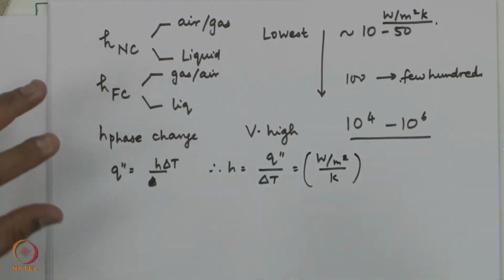So, as teachers, we should be able to tell students what the numbers look like, and if these numbers are seen, they should be able to have a feel that, oh, the heat transfer problem would be one of forced convection, or one of natural convection. If it is a forced convection problem and the heat transfer coefficient is like 100 or 80, 90 or something like that, the problem could be involving a gas.